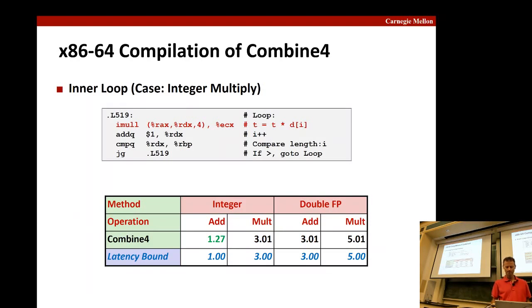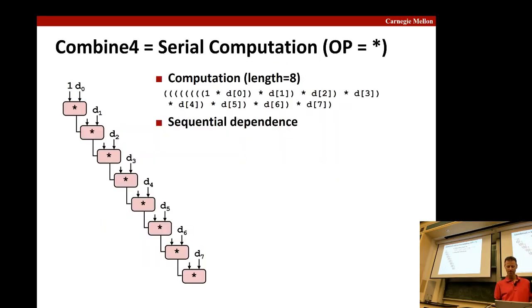Okay, so getting back to our combine 4, what we see here is these numbers from the previous slide. And if you just look at the latency bound, we're actually doing very well in terms of the multiply, add, and integer multiply, but not quite so well in terms of integer add. One of the issues is the way we're accumulating.